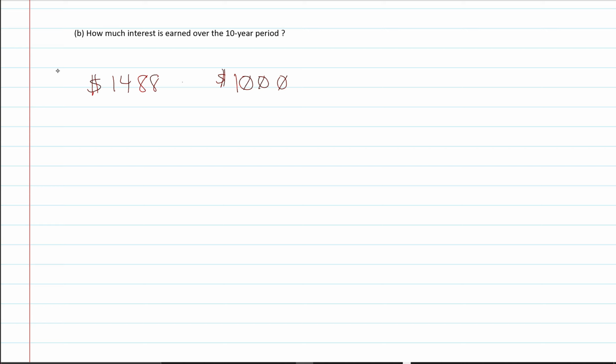So the difference between the two amounts is how much interest is earned over that time period, the 10-year period. So all we need to do is take the difference of those two values, and that gets us $488. So this is the amount of interest that we've earned over the 10-year period.